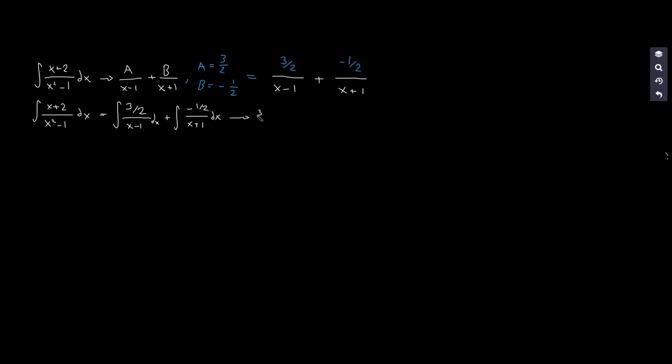So we'll have 3/2 times the integral of 1 over x minus 1, integration with respect to x, and then factor out that -1/2, so that positive sign turns into a subtraction sign. So you get minus 1/2 times the integral of 1 over x plus 1, integration with respect to x.